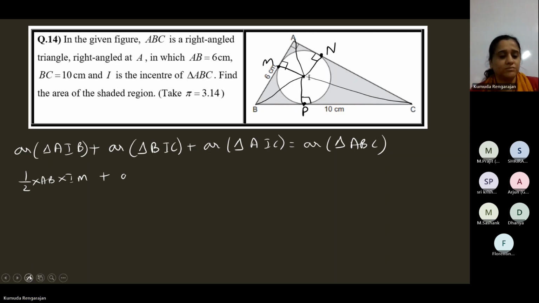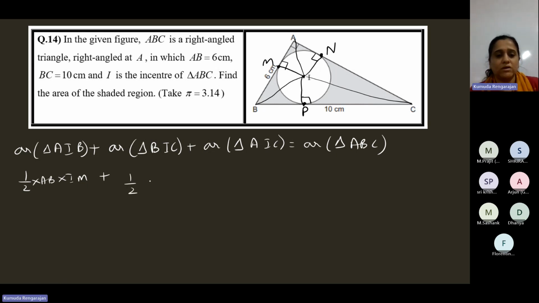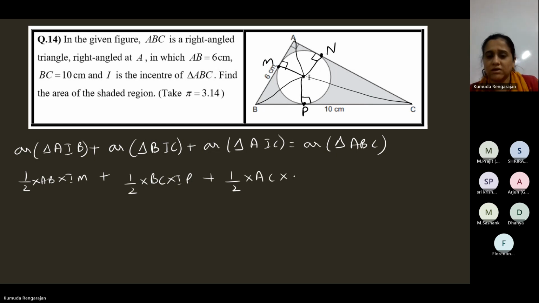Half into IP into BC. Yeah, base BC into height IP. Plus here somebody, half into AC into IN.